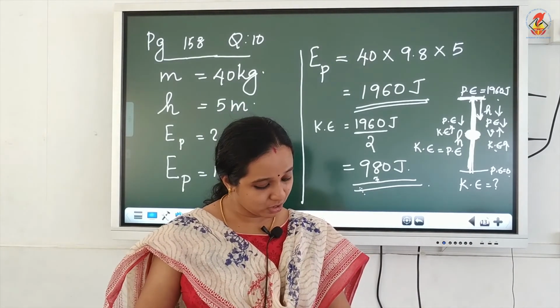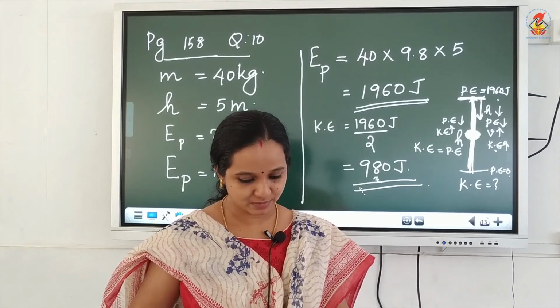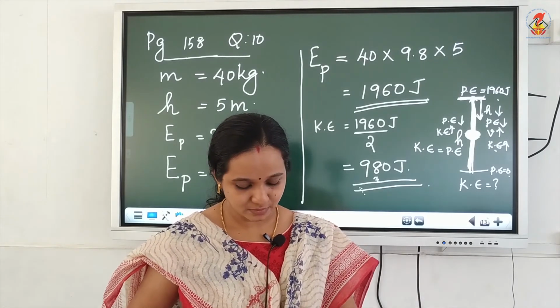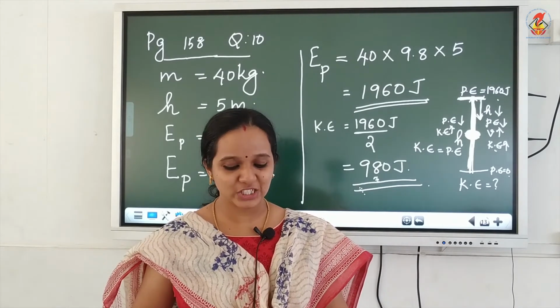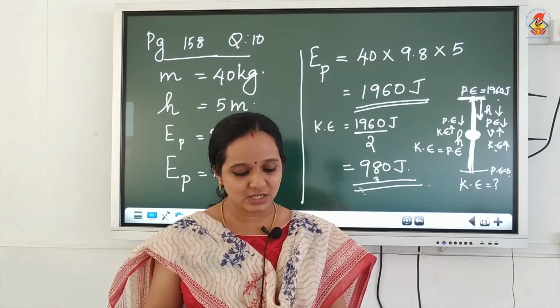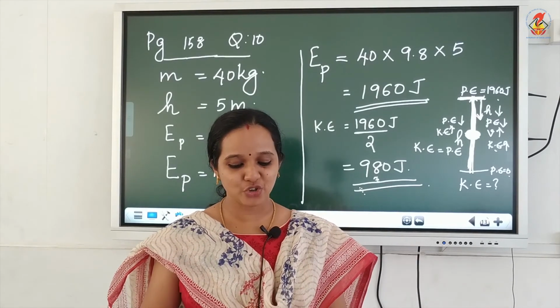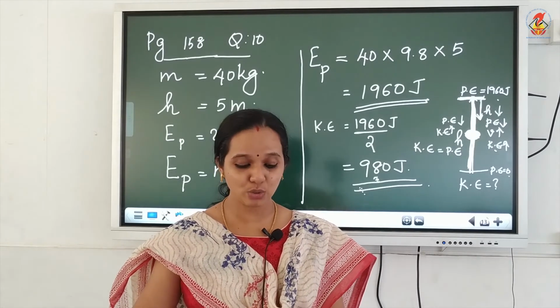Now moving on to question number 15. Moving on to question number 15. Illustrate the law of conservation of energy by discussing the energy changes which occur when we draw a pendulum bob to one side and allow it to oscillate.